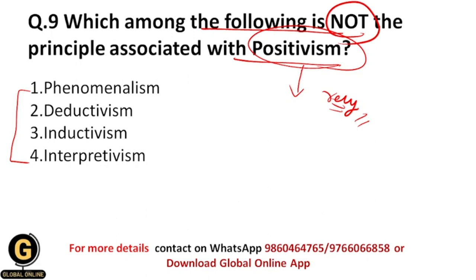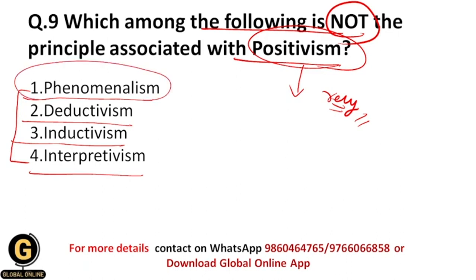Here there are different options like phenomenalism, deductivism, inductivism, interpretivism. Within positivism there are three principles, and those are phenomenalism, deductivism, and inductivism. What is phenomenalism? Phenomenalism accepts that physical objects can be known as they appear, as perceived phenomena.